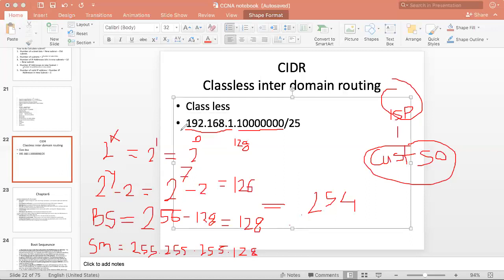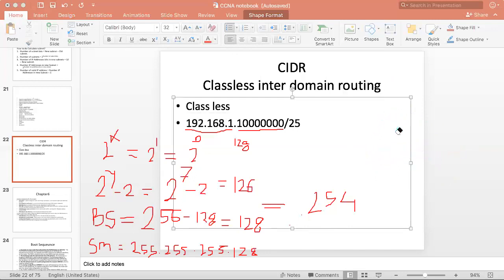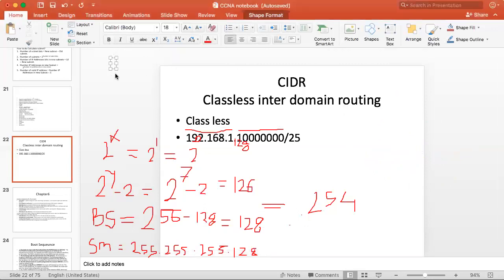So a total of 25 bits are on and 7 bits are off, or 25 bits for network and 7 bits for host. That way I have two networks.